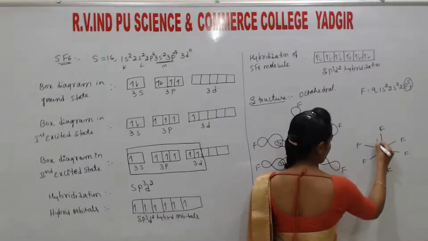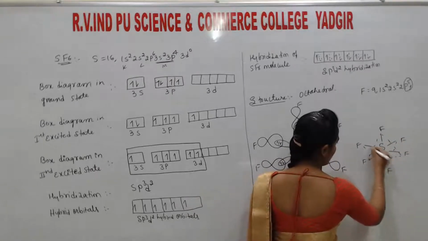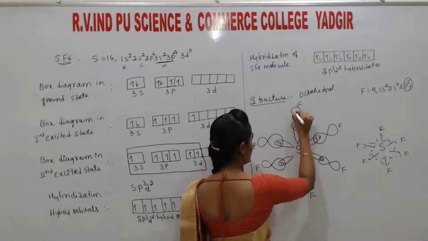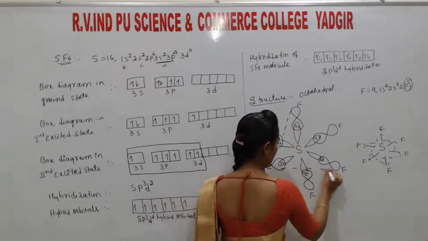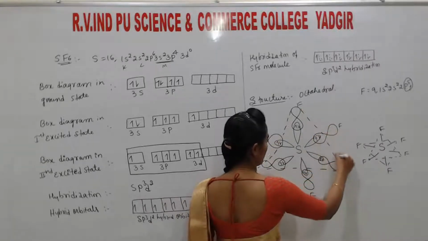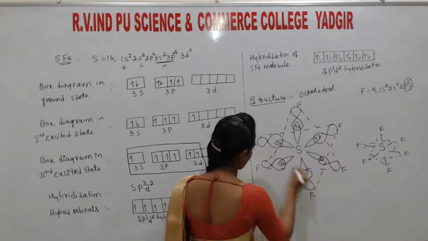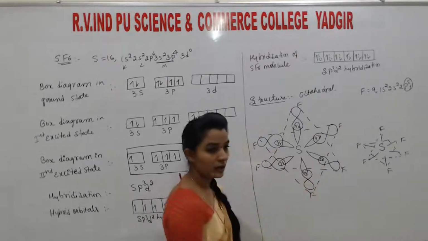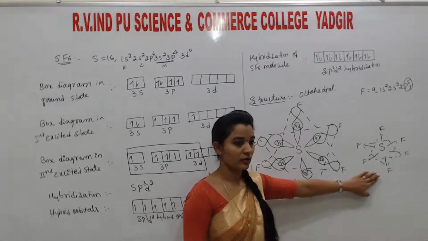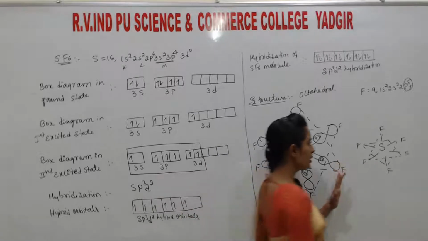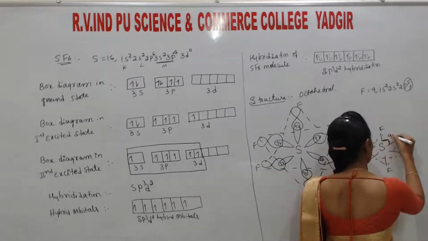Okay, so here this is the structure. This structure is enough to represent. Are you getting? So here the bond angle is, of course, 90 degree.